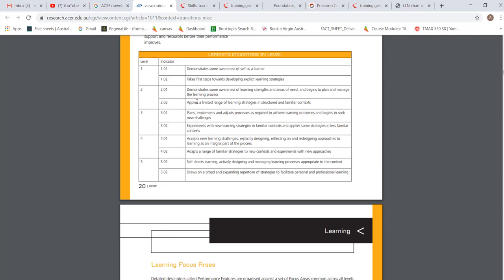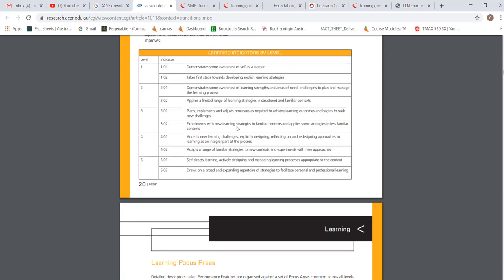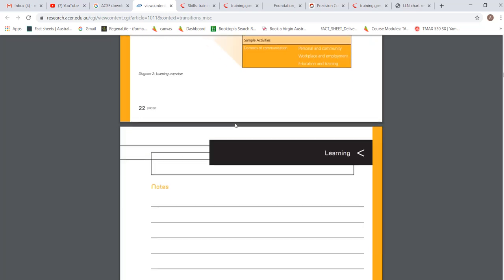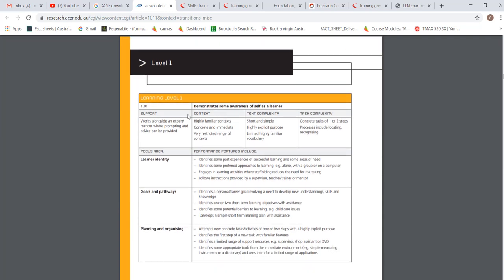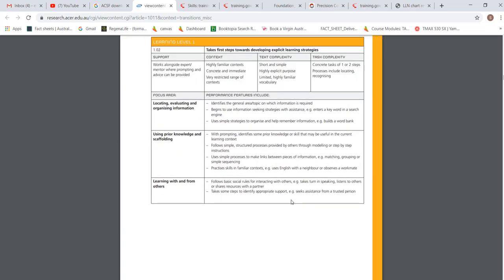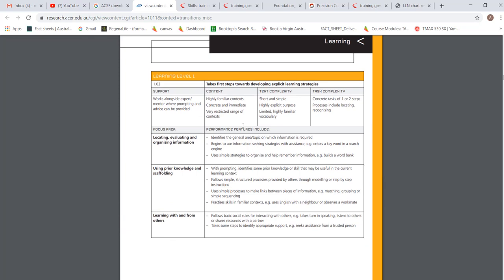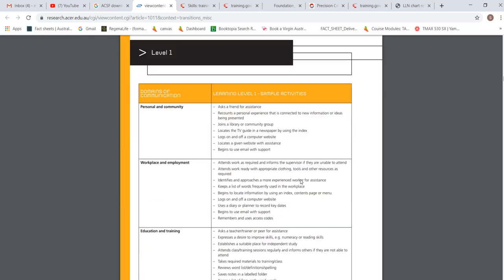Now, that would be ascertained through an LLN validated test or an LLN test that they would complete in your RTO. Okay, so if we scroll down, we have the explanation for what this level indicator would be, 1.01, and that would describe their abilities. Okay, now coming down, 1.02, that describes that level.